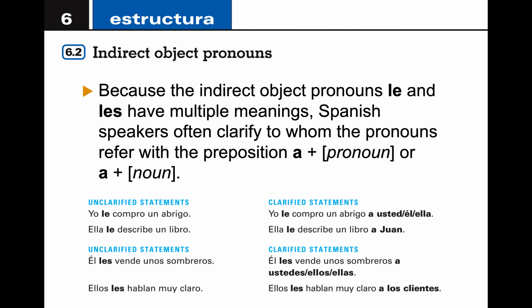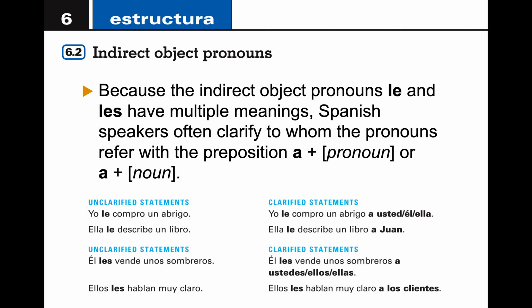Because the indirect object pronouns le and les have multiple meanings, Spanish speakers will often clarify to whom those pronouns refer by utilizing a preposition plus the pronoun or a preposition plus the noun. Because le could stand for a girl, a boy, for a you. So there's a lot of different ways that we can indicate and clarify things.